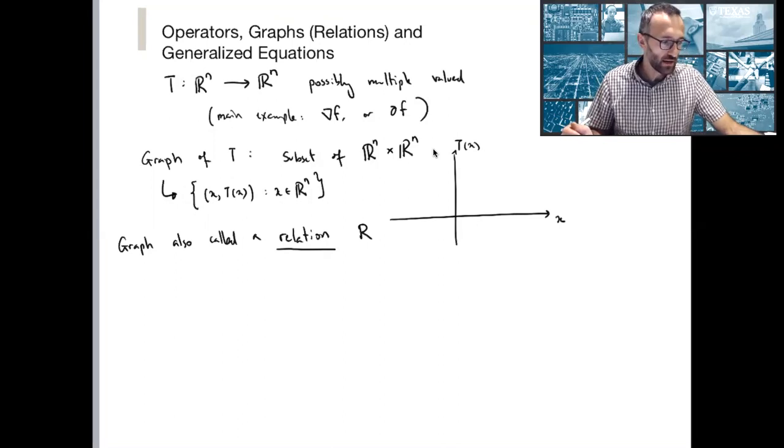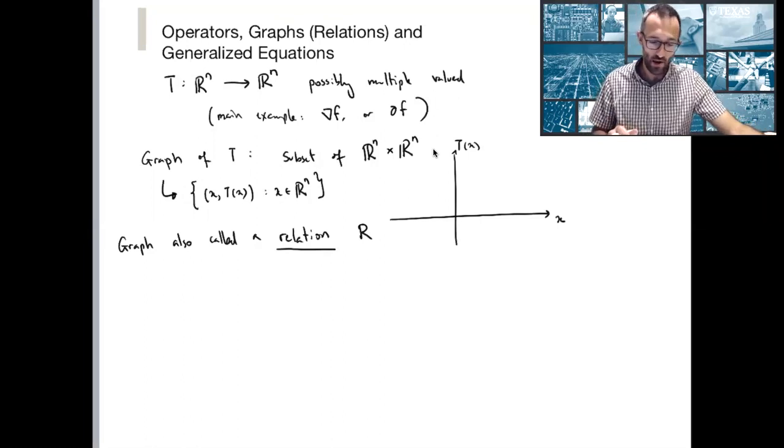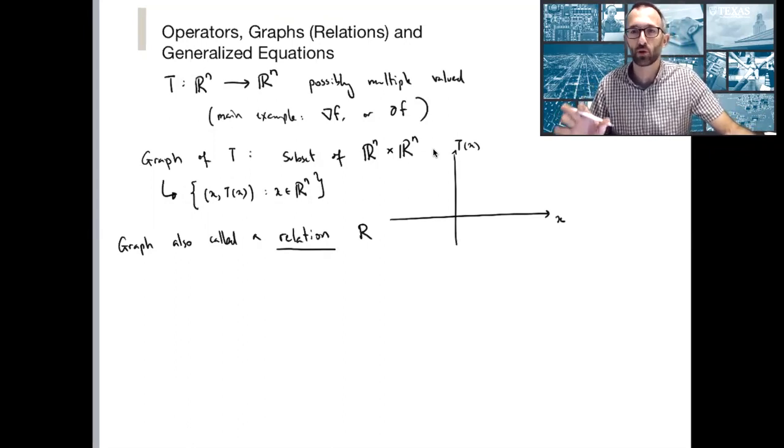And this is going to allow us to define a number of different operations on relations, which is really going to give us properties of operators. So this will allow us to define a little bit more carefully things like inverse.